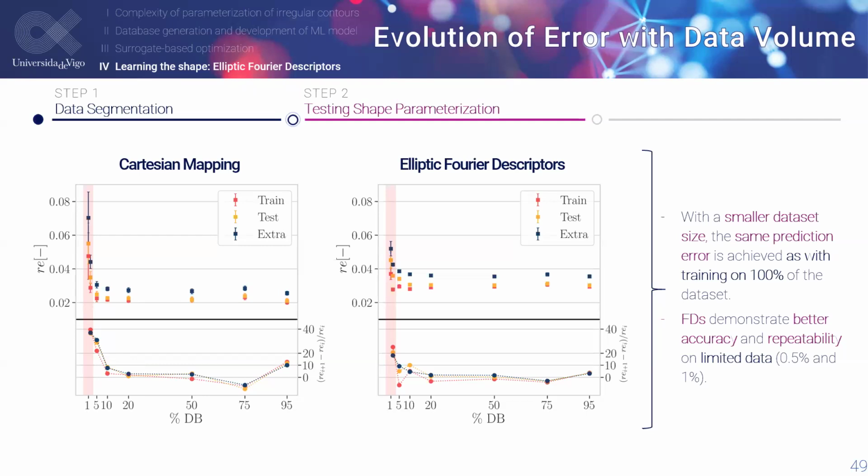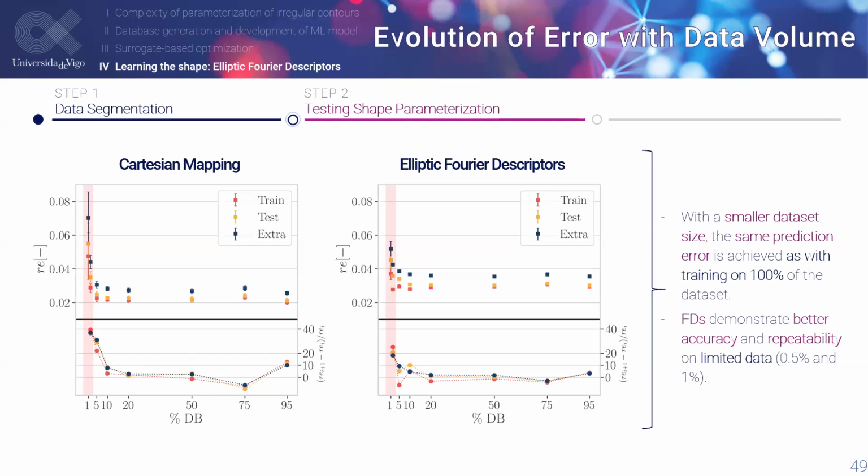From 10 to 20% of the data, or even less, you can have as good a prediction as using the entire database. What this is telling us is that it wasn't necessary to run 16,000 cases, but we didn't know it 4 years ago. Good thing to know now.